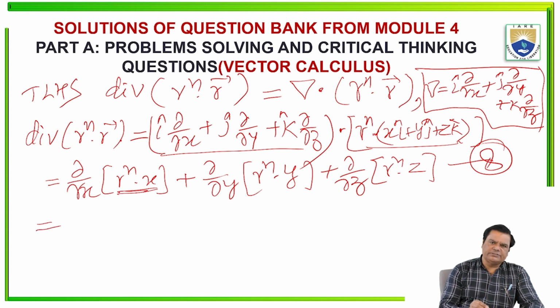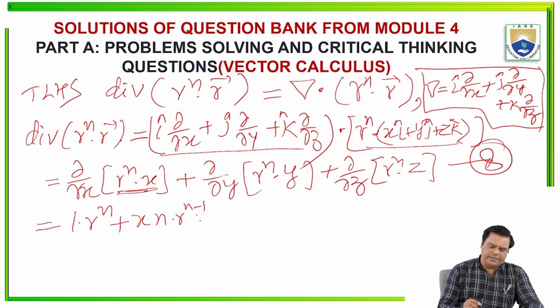Differentiation of x with respect to x is 1, with r^n constant, plus x times n r^(n-1) ∂r/∂x.